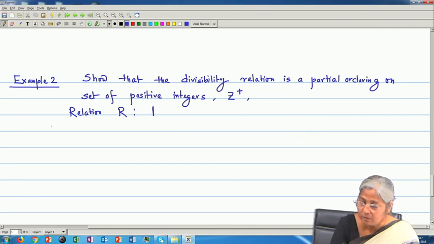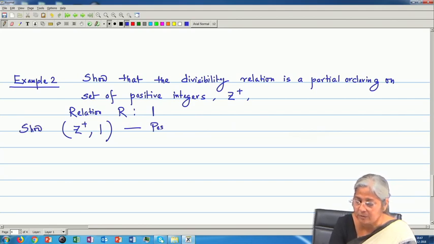We have to show that Z plus with the divisibility relation is a poset.